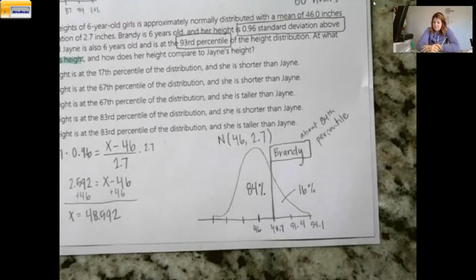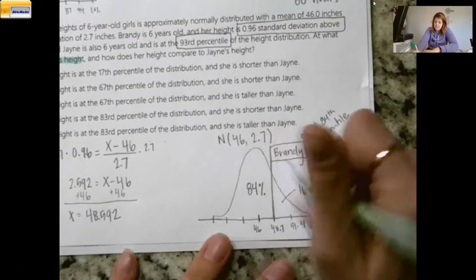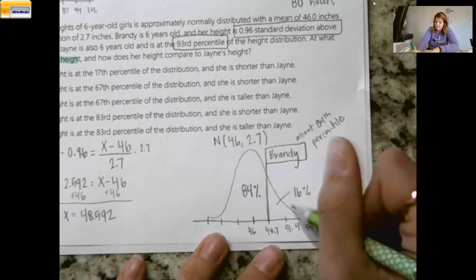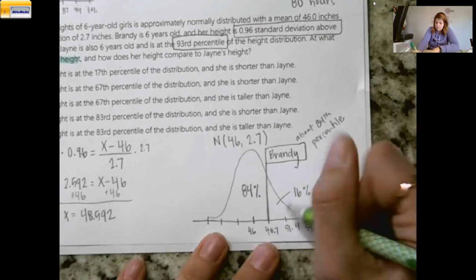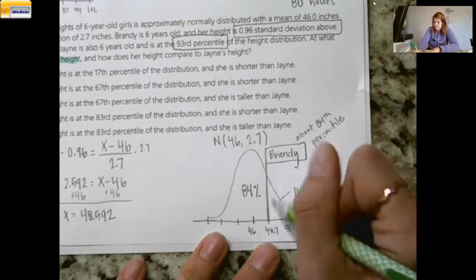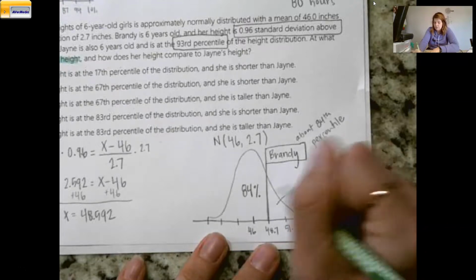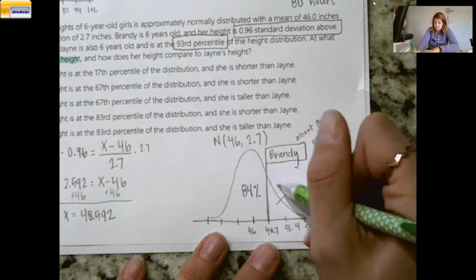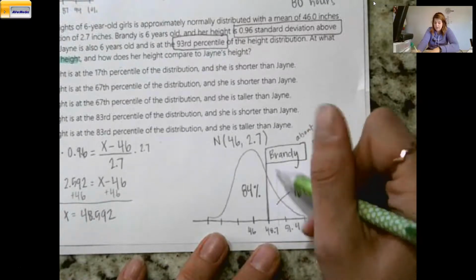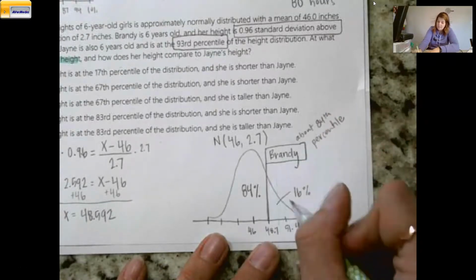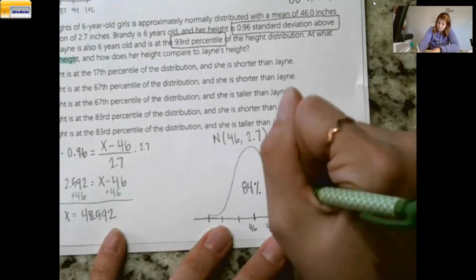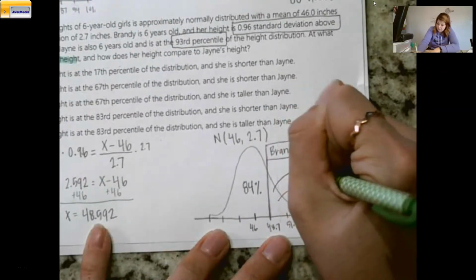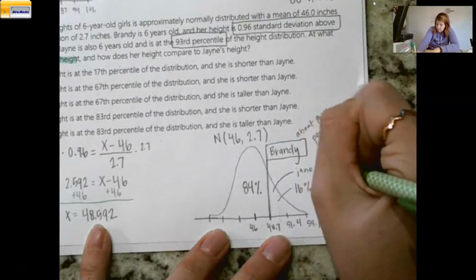Okay, well, Jane's at the 93rd percentile, so that means that Jane is somewhere up in this section. I don't know at what exact value Jane's height would be, but Jane is somewhere in here.